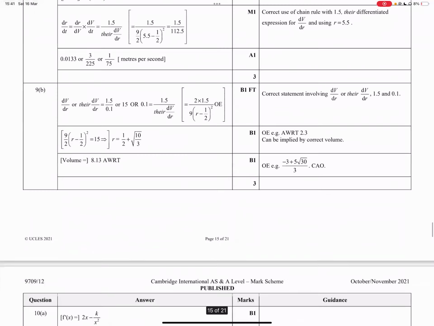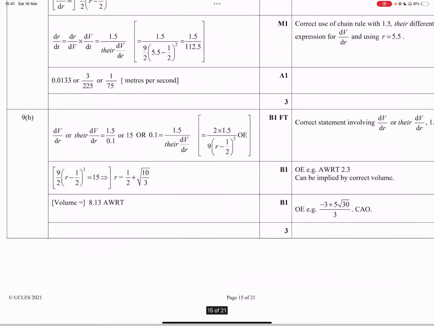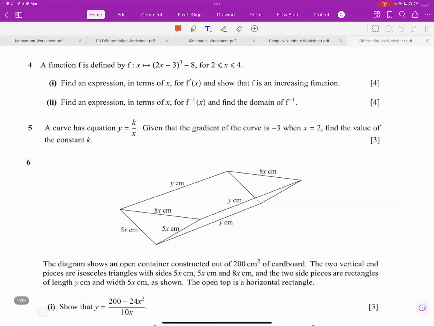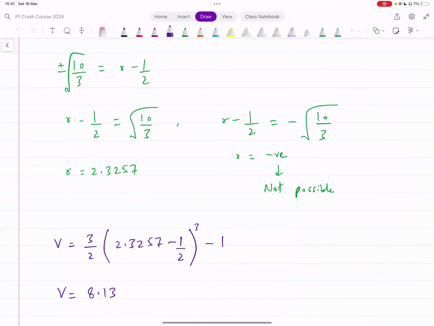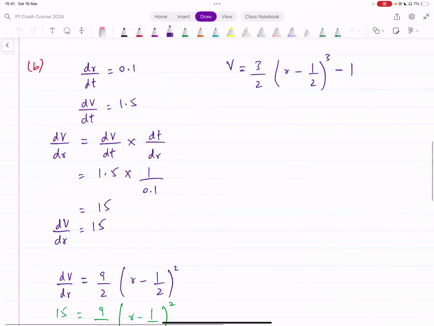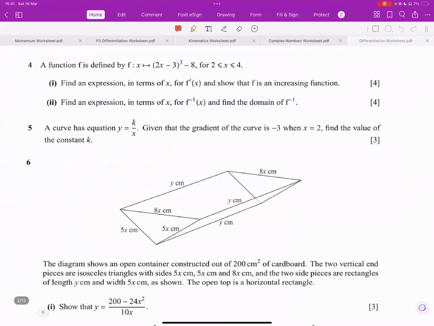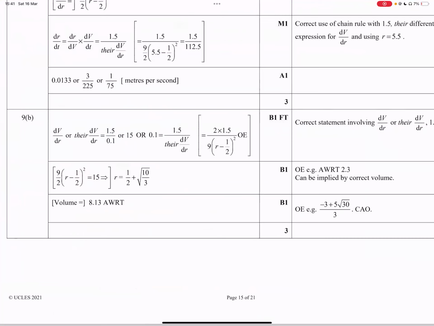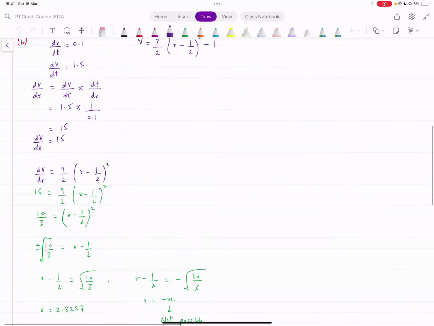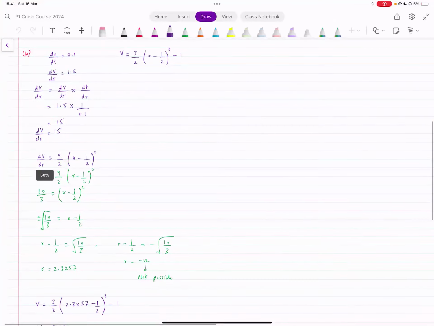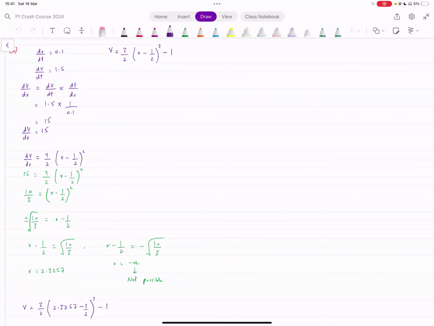So the answer is correct. But let's see if they have used any quicker way of doing this. dV over dr, that's 15. So they found dV over dr first, and then they put that in that equation to find the value of r and put that in the volume equation. Okay, so that's how we'll do it. So yes, it does require some working, but that's what you do.